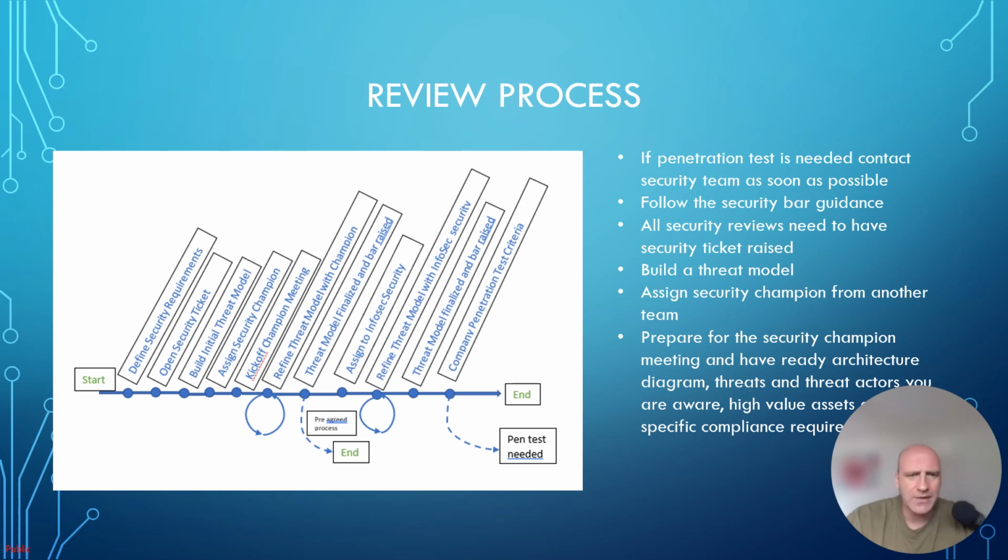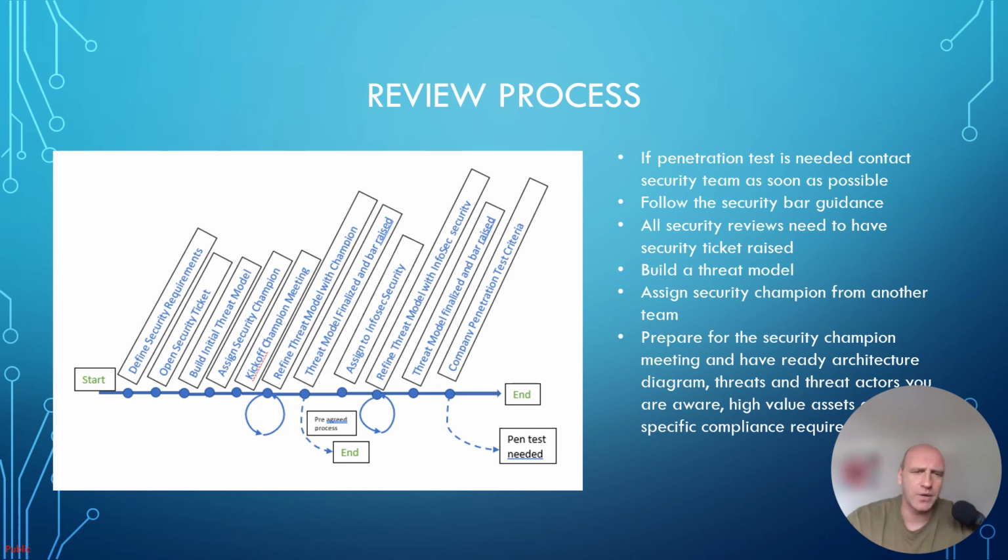And as you can see, this is an iterative process that we can go again and again to refine the threat model to make sure that the threat model and mitigations that been found essentially meet the security bar. So the key point is to follow the security bar guidance, build a threat model, and assign security champion.